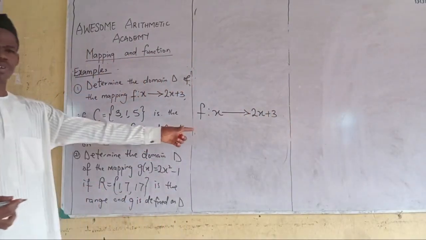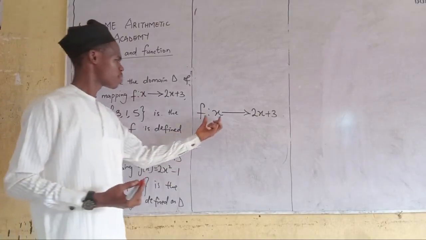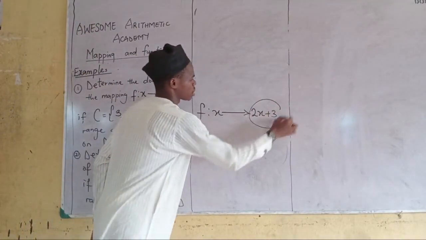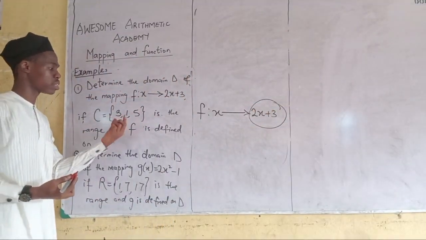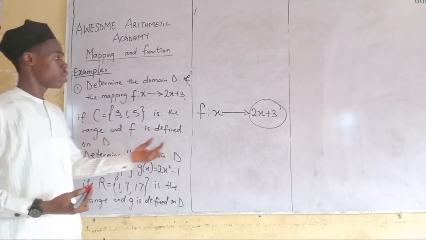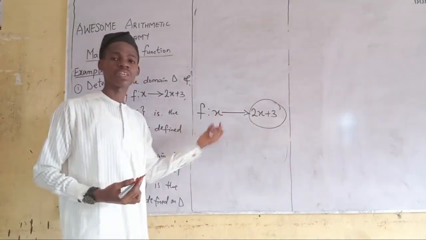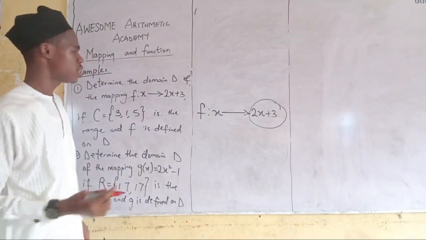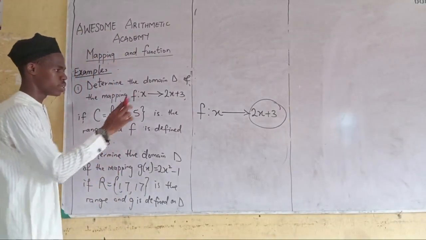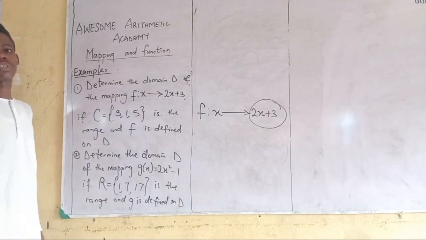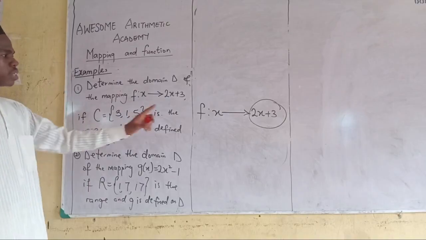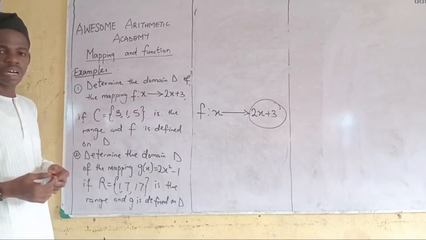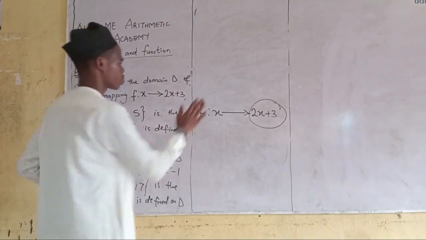So this is what we are having, which means that these ones are what gives us this element once we put a value for x. In that case, what does that mean? It means that you are looking for the value of x. So in that case, what are you going to do?